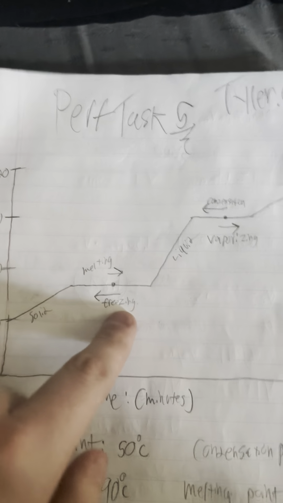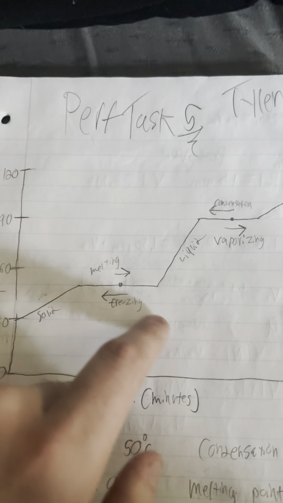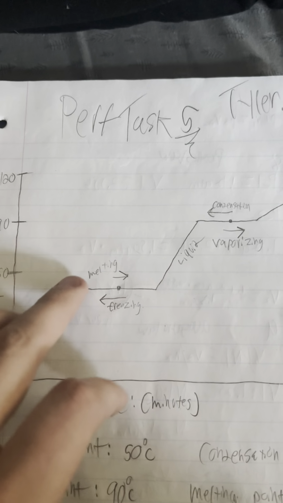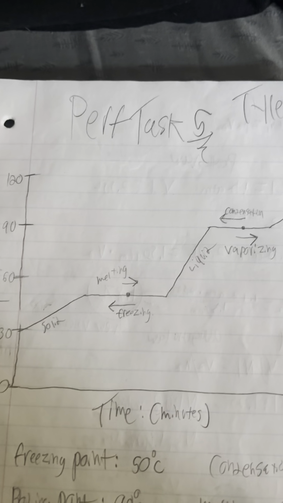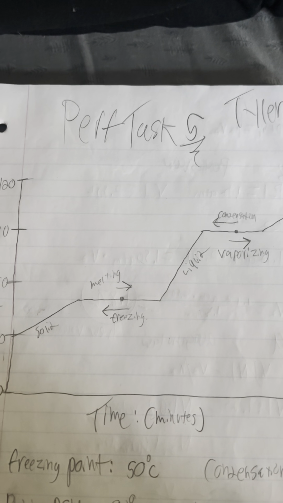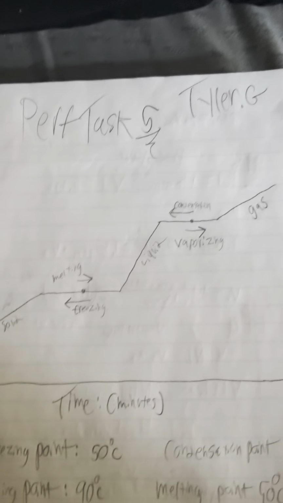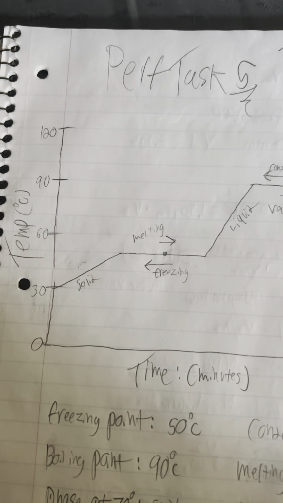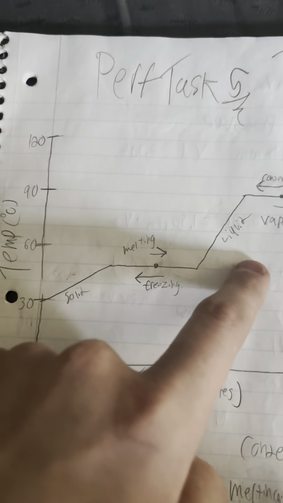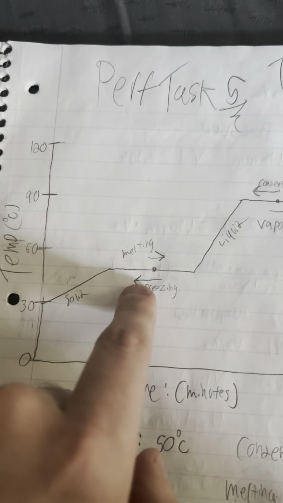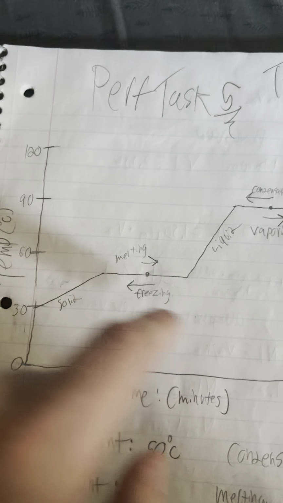Oh, we have a flat part. I'm going to assume that's where the solid is melting. So the melting point of the substance would be located just before the liquid and solid. This is the point in between, the melting point.